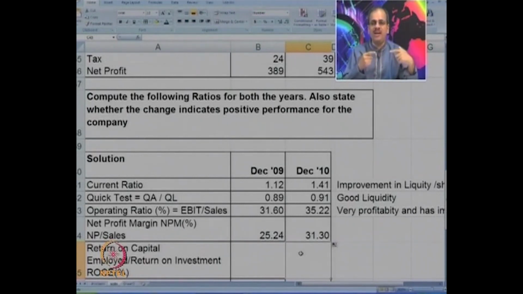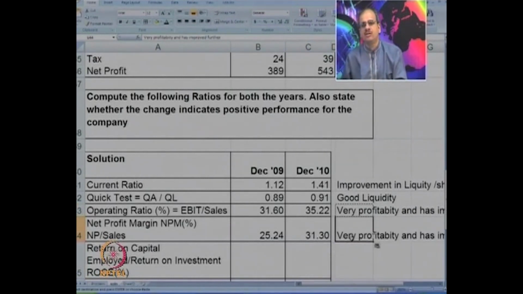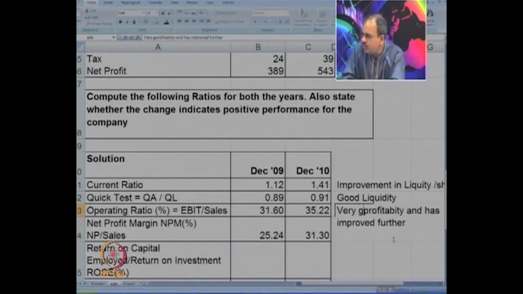So, even after paying tax, they are able to earn as high as 25% margin on their sales, and further it has improved to 31%. So, the same remark will continue, that is a very good profitability position. I think last time I skipped that word very good.